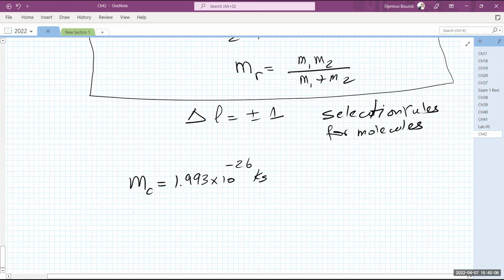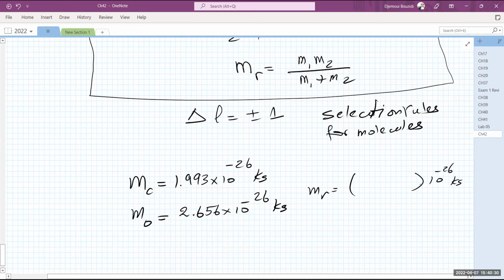And for the oxygen, it's 2.656 times 10 to the negative 26 also kilogram. So from here, you can find the reduced mass. It's going to be 10 to the negative 26 kilogram anyway.